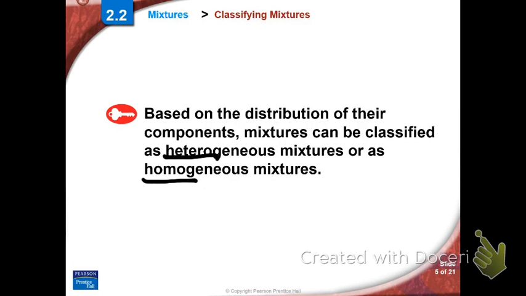A capital letter and a lowercase letter? It's going to have the same meaning here. It's going to mean different. Do you remember homozygous alleles? They would be the same, either both lowercase or both uppercase. So those are our two types of mixtures, heterogeneous or homogeneous.